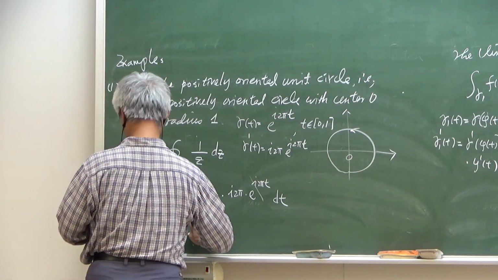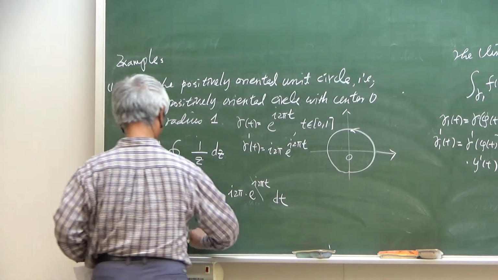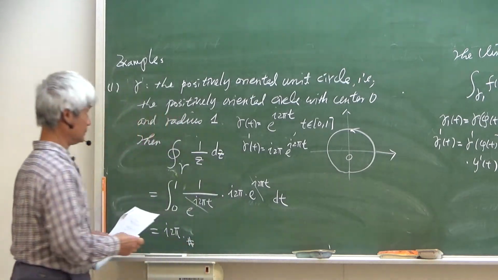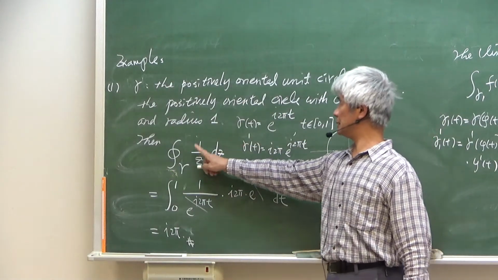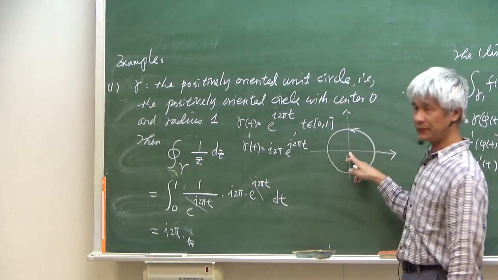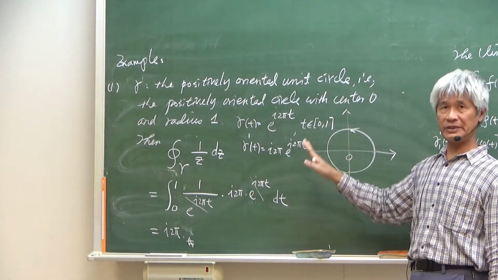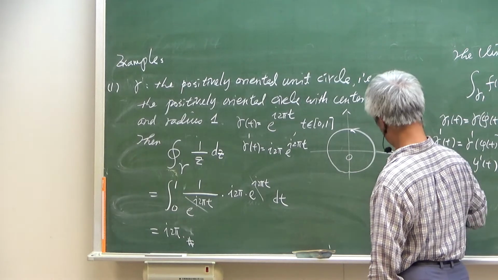So this is our result. Very interesting. The function 1 over z is defined on the complex plane except the origin.